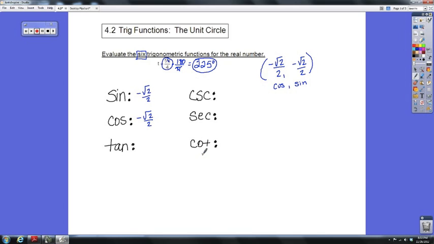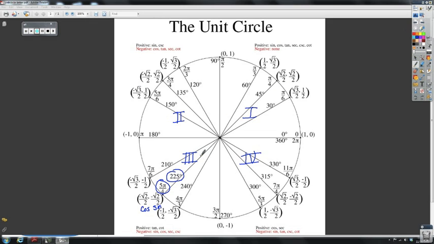Now I also want to point something else out to you on the unit circle. Let's go back to that. Because we're in quadrant 3, remember your All Students Take Calculus rule, and since we're in quadrant 3, the T means that only the tangent and the cotangent are going to be positive in this quadrant.